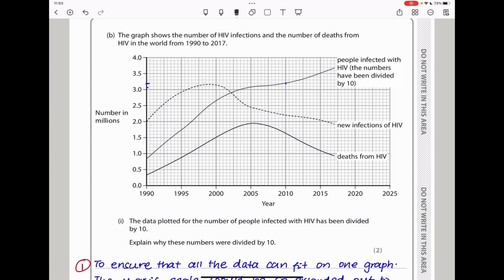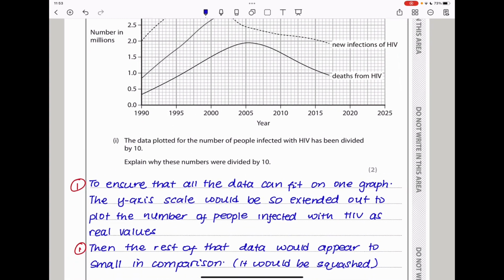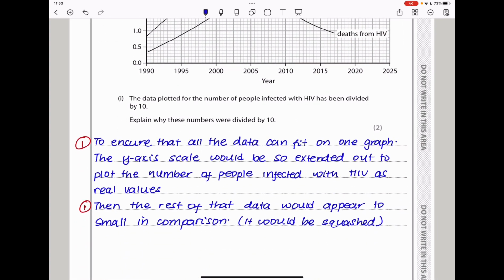It will look as if the number of infections are so many in comparison to the number of the deaths. The y-axis will be so extended, and somebody looking at the results may have some confusion or a harder time trying to make a comparison between the data that has been plotted. So to avoid that, they divided by 10 so that the graph can show a clear flow.